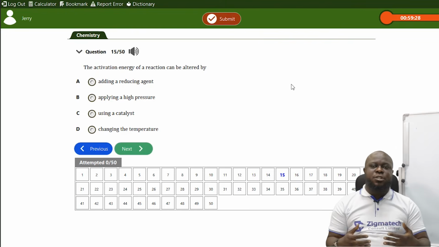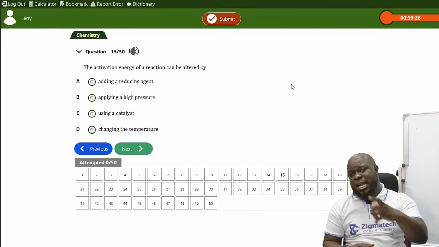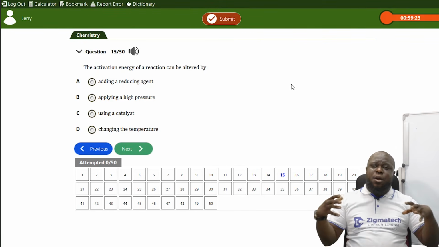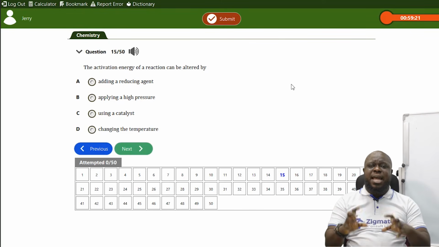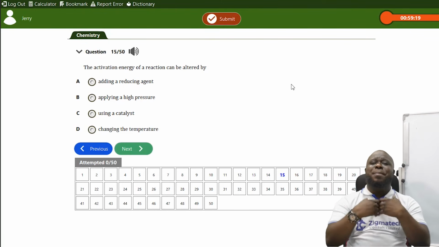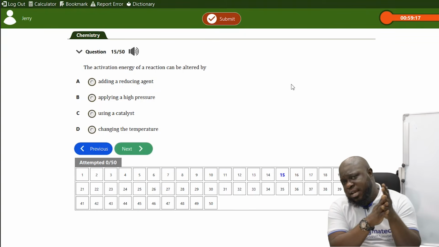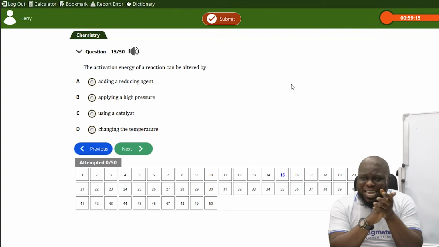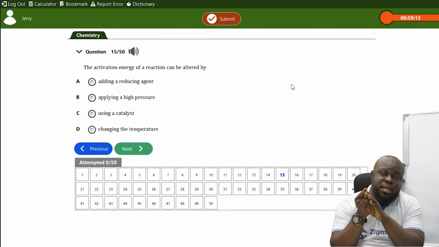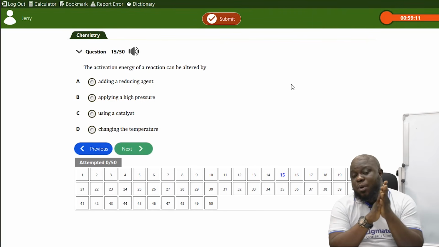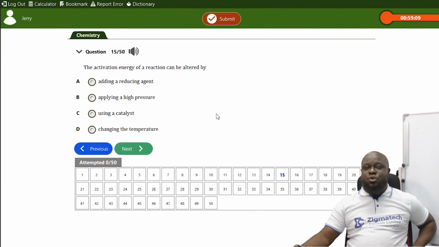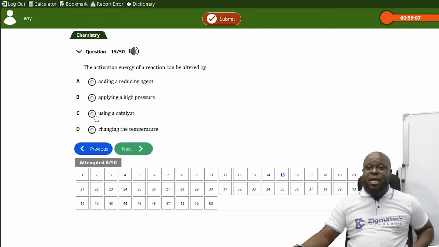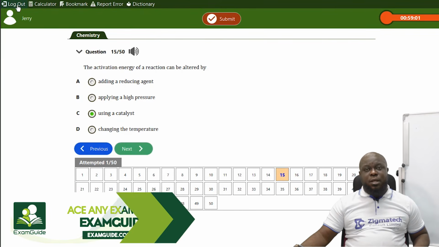It lowers the activation energy, the energy that the compound uses in making its bond. The options are adding a reducing agent, applying a high pressure, or using a catalyst. So the activation energy of a reaction can be altered by using a catalyst.